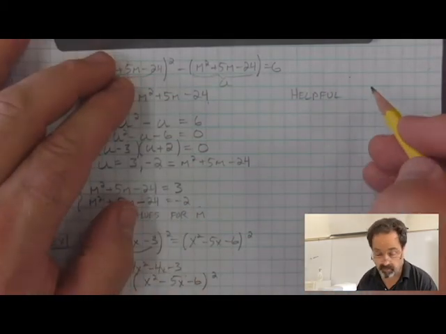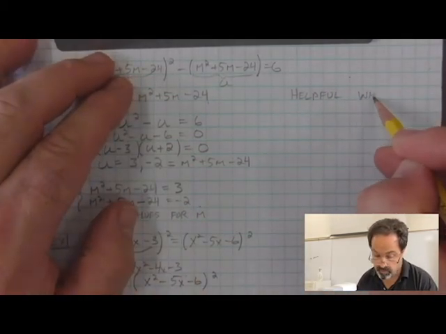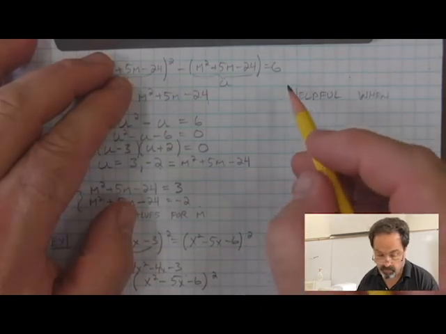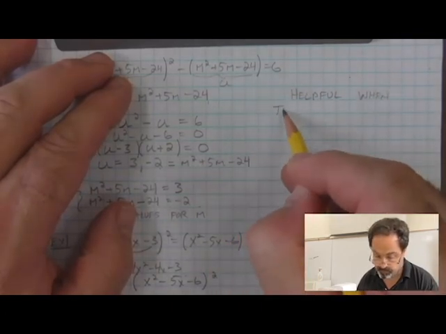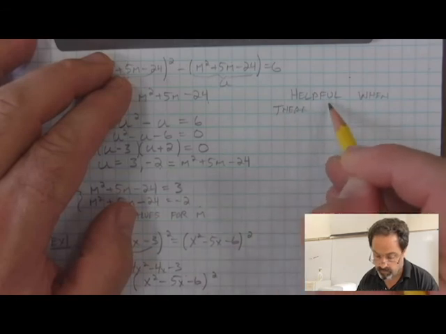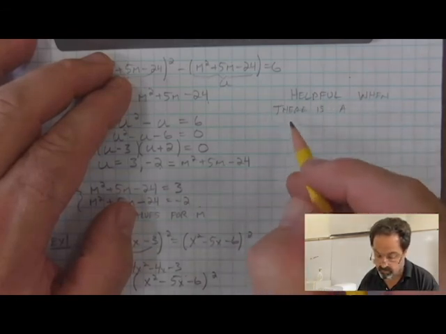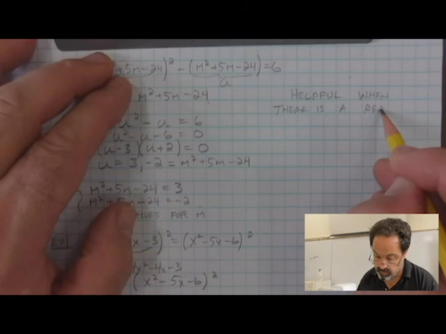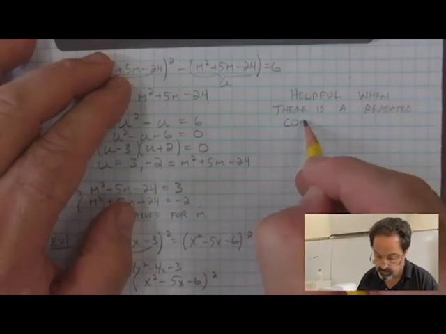U substitution is helpful when you have a problem when there is a repeated complicated piece.